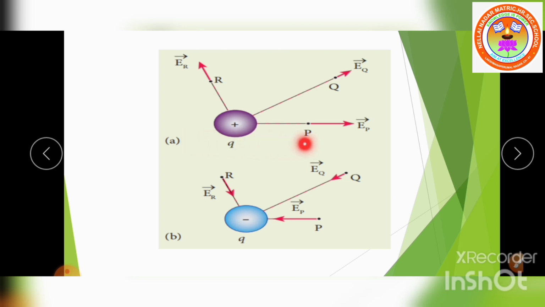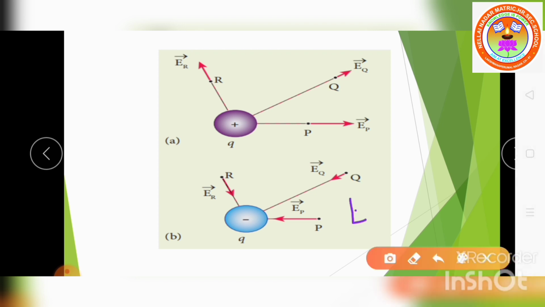Around this positive charge, we consider the 3 points P, Q and R. We know the electric field formula E is equal to Q by 4 pi epsilon naught into R square. From this equation, when the distance increases, the electric field value will decrease.